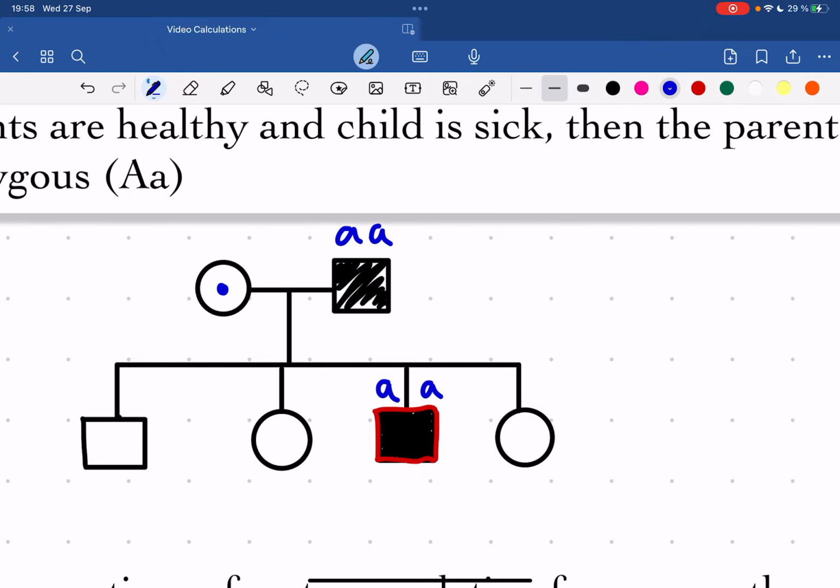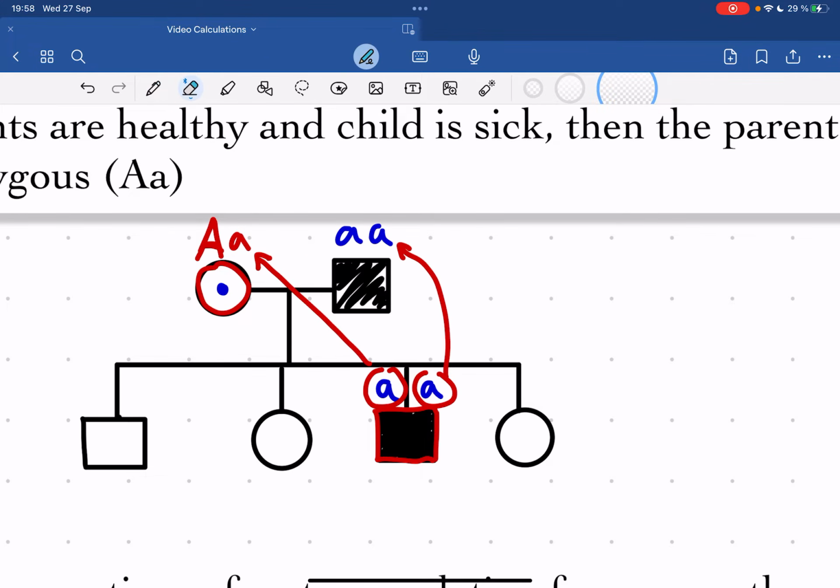But actually, she is heterozygous 100%. Why? Because this kid can't get both alleles from this father. They have to have gotten one of them from the dad and the other from the mom. And since this mom is healthy, she has to have a dominant allele. So she's 100% heterozygous there as well. That's sort of how that works.